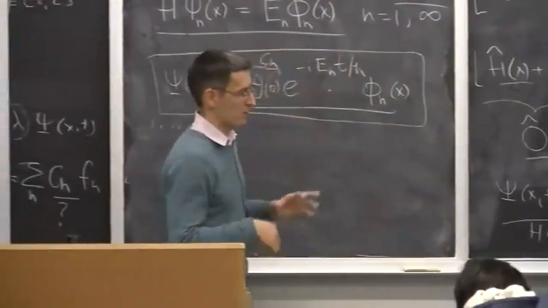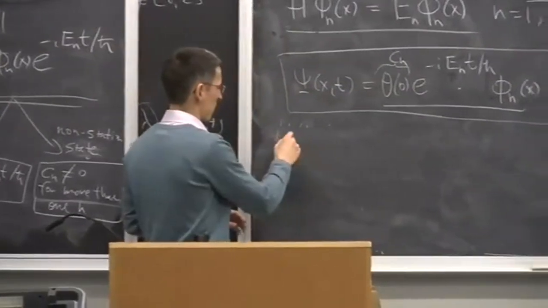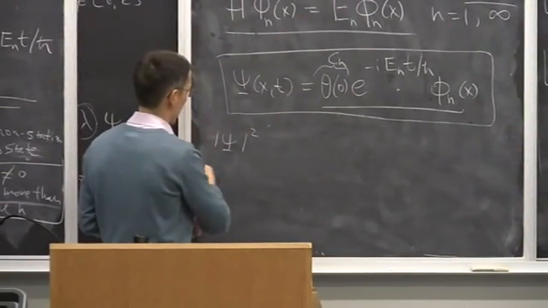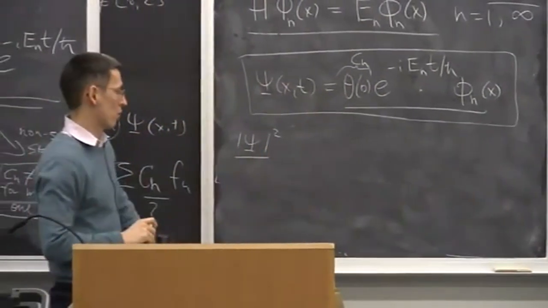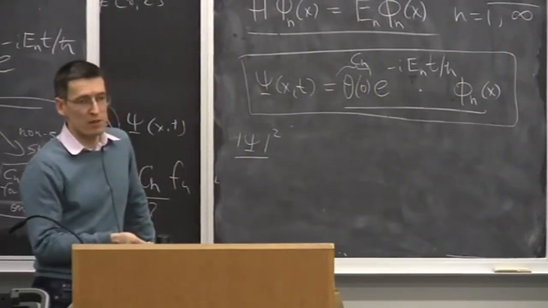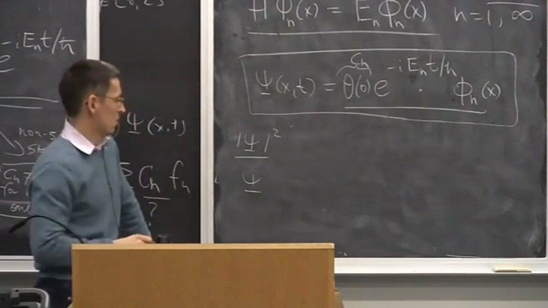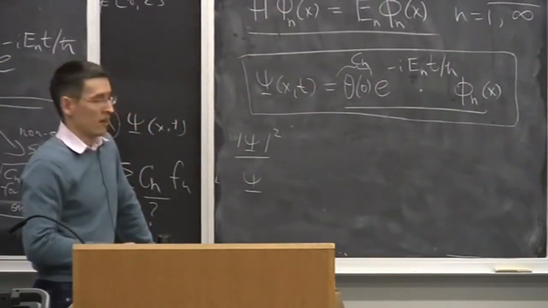The only property that comes naturally out of the wave function is the probability density, but for that you need to square the wave function, right? So this is a physically observable property. It defines the probability density. The function itself is not physically observable, okay?